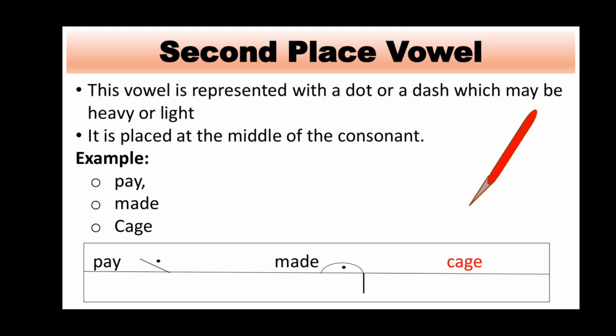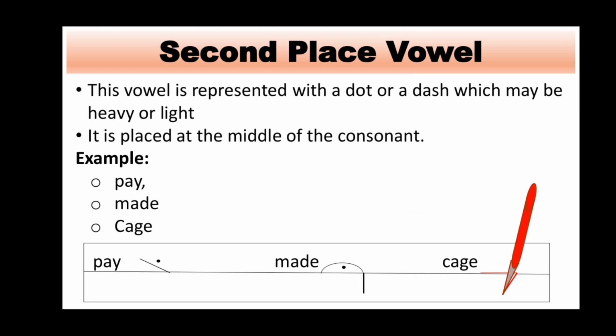So the two consonants there are K and J. If you remember, it will be on the line. We have K, which is a horizontal stroke. Without lifting the pen, then we draw the J. That's J. Cage.